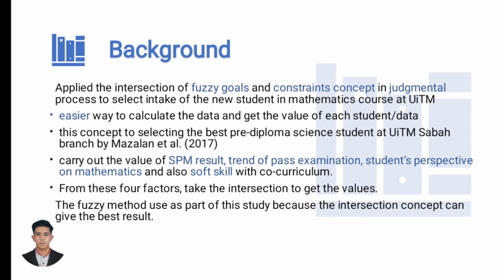So we apply the fuzzy intersection of fuzzy goals and constraints concept in the judgmental process, which is easier for calculating the data. Second, this concept was used in selecting the best diploma science student at UiTM Sabah branch by Mazalan 2017, carried out using the values of SPM result, trend of past examinations, student perspective on mathematics, and also soft skills.